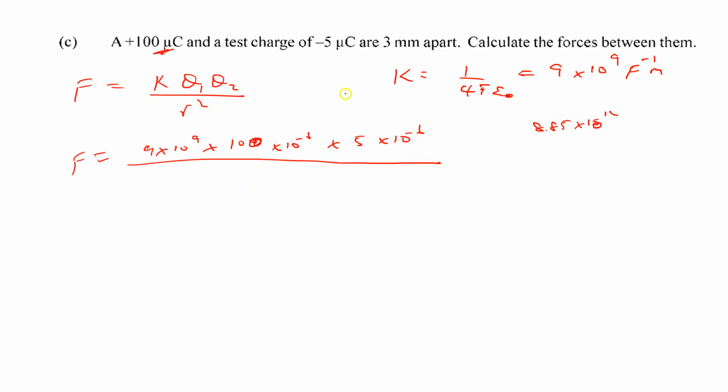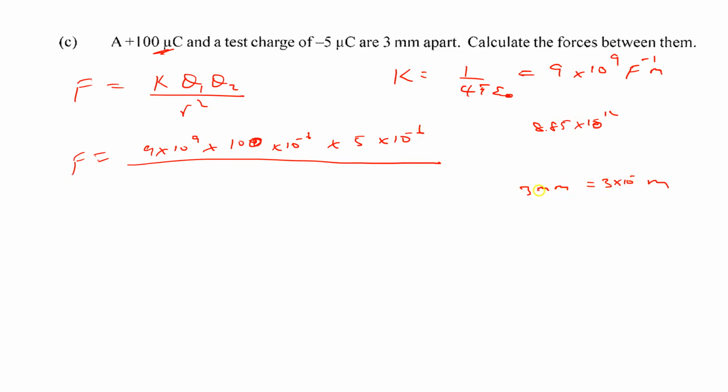r is 3 millimeters. Because I'm not a big mathematician, sometimes if I try to convert 3 millimeters to meters, I might get it incorrect. I know that milli means times 10 to the minus 3.